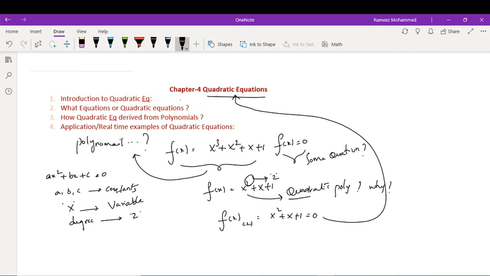Got it? So when you have a quadratic equation, it should be of this form. If anything is missing, or if you see any discrepancies, then it is not a quadratic equation. So let's see what are the things that are not quadratic equations.